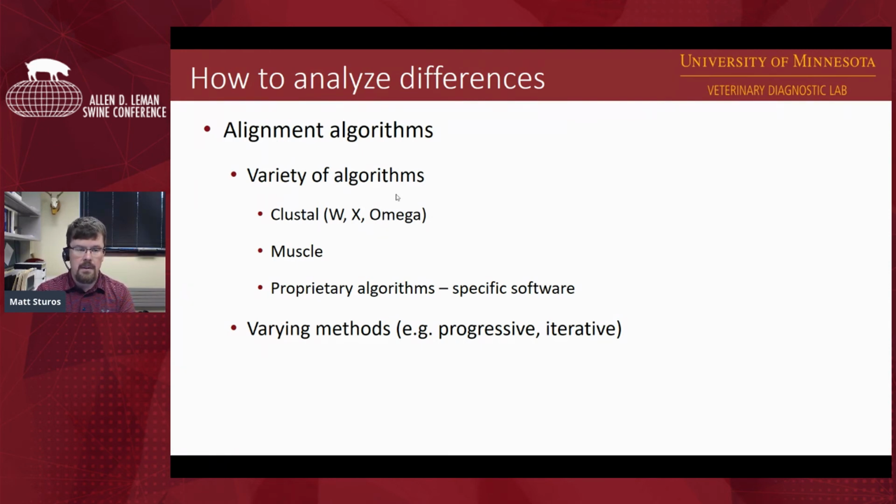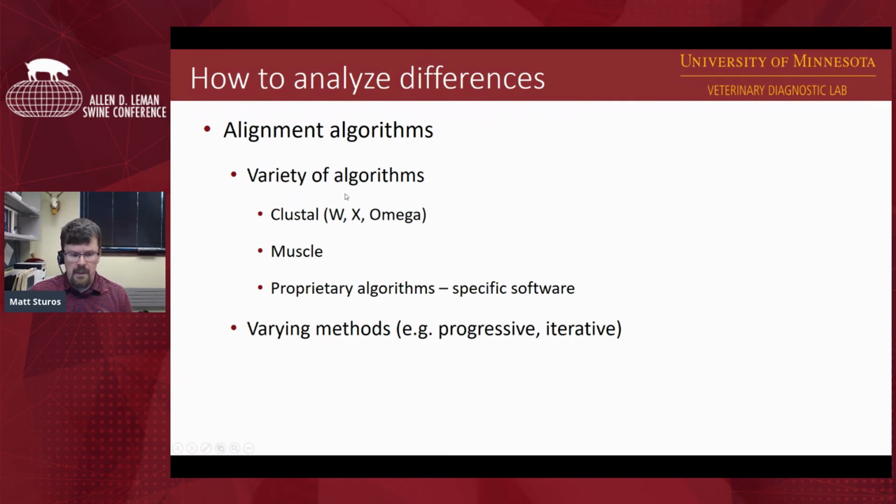The latest version is Clustal Omega, but Clustal W is still widely used, so you'll probably see that if you're doing any work there. Muscle is another algorithm that's used, and then there are proprietary algorithms within specific software, typically those for purchase. Geneious might have one, CLC Workbench might have one, Lasergene might have one, where they're probably using some of the same concepts but applying them a little differently in their software.